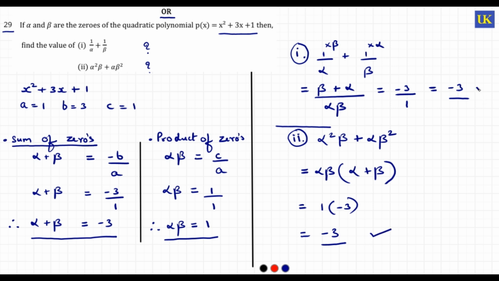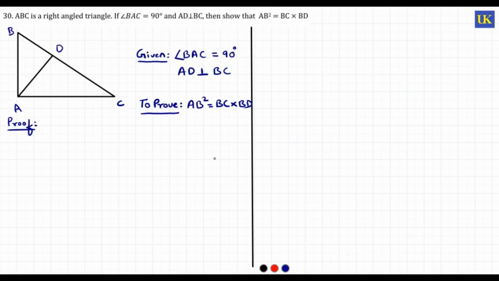We have found the answers for sub question 1 and sub question 2. All right, now we'll see the next sum. Now we'll see the 30th question.